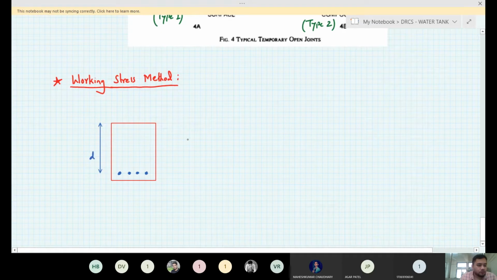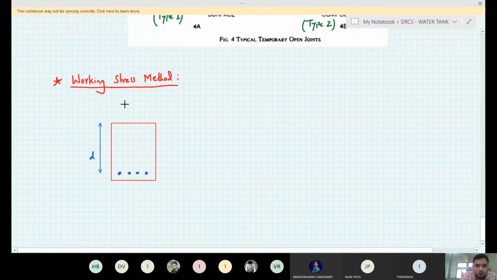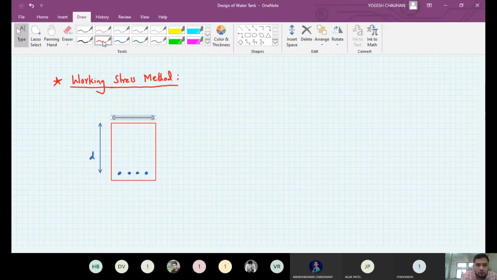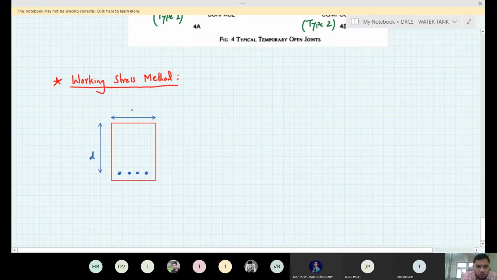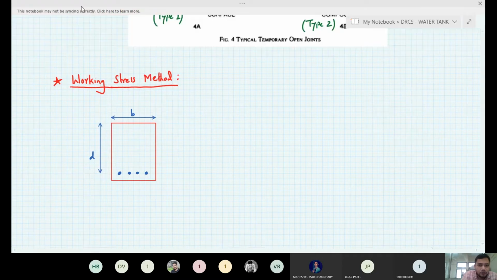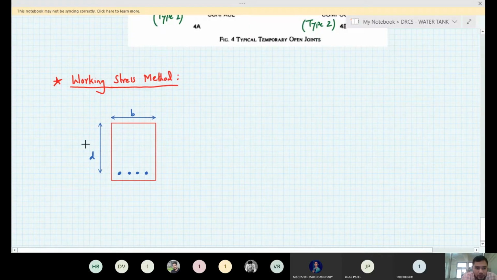Let the width of the section be b, and let the neutral axis be located somewhere here.